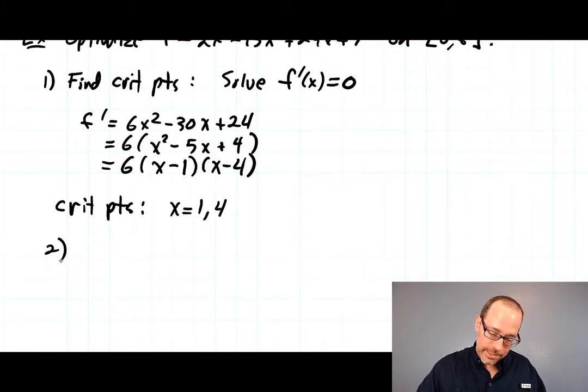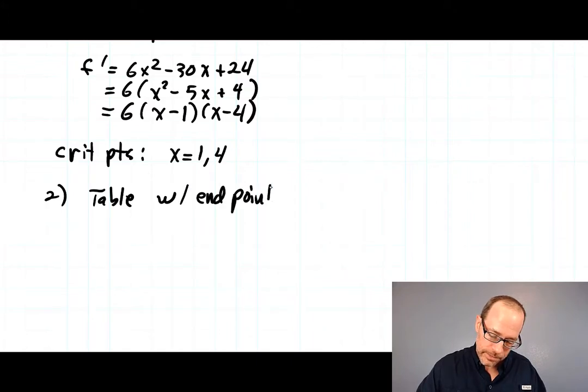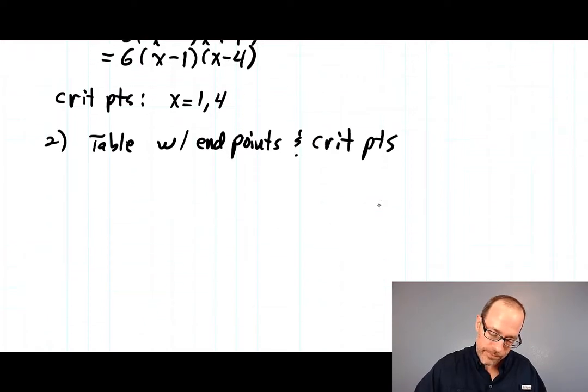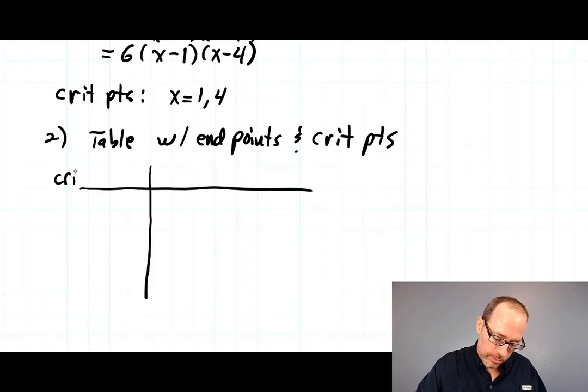And now we have to make a table with the endpoints and the critical points, and plug them into f. All right, so here will be our table. We'll put critical points or endpoints.